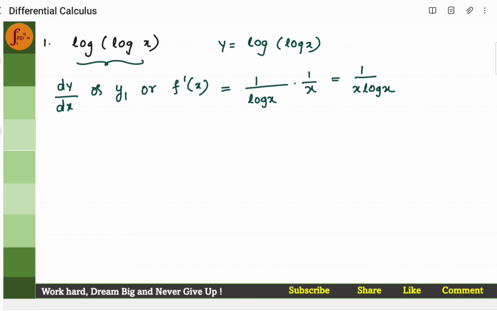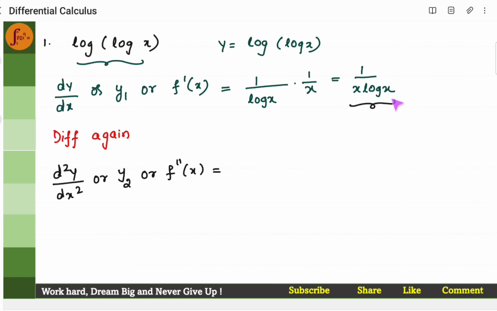Now I'll differentiate again because I have to find the second order derivative. I can call it d square y by dx square, or y2, or f double dash x. So now I'll have to differentiate 1 by x log x again. I can write this as 1 by x into 1 by log x.